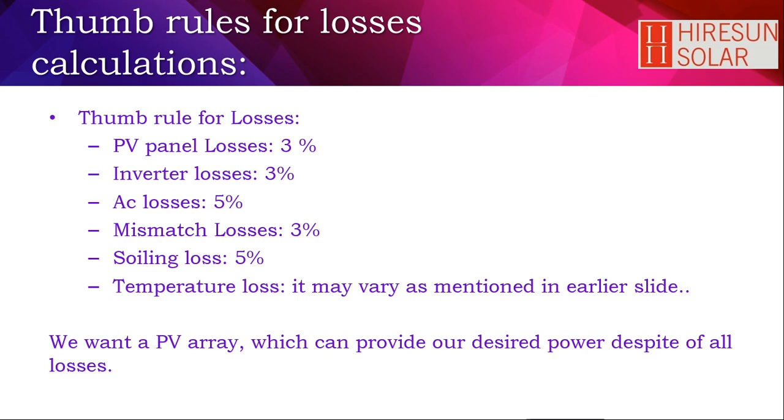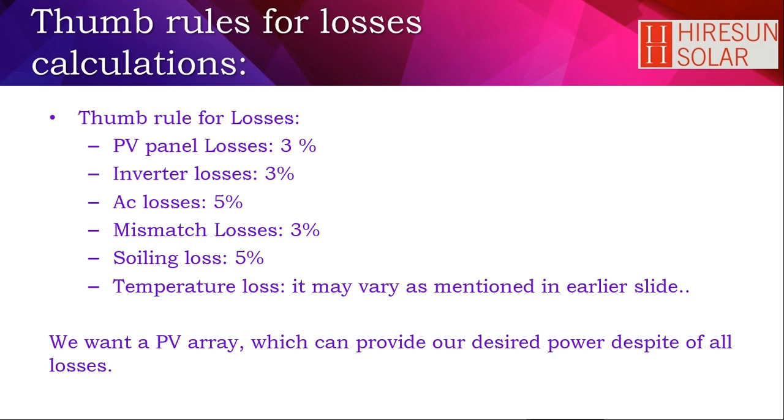We have AC losses of 5%, mismatching losses of 3% because it varies depending upon the climatic condition and we have to match the impedance also. Soiling losses, most important, are 5%, and the temperature losses we considered in the earlier slide.